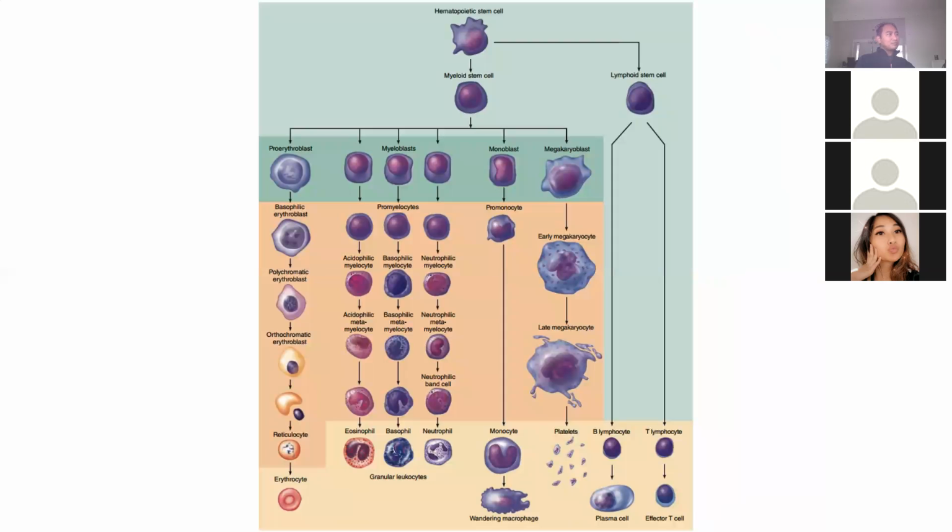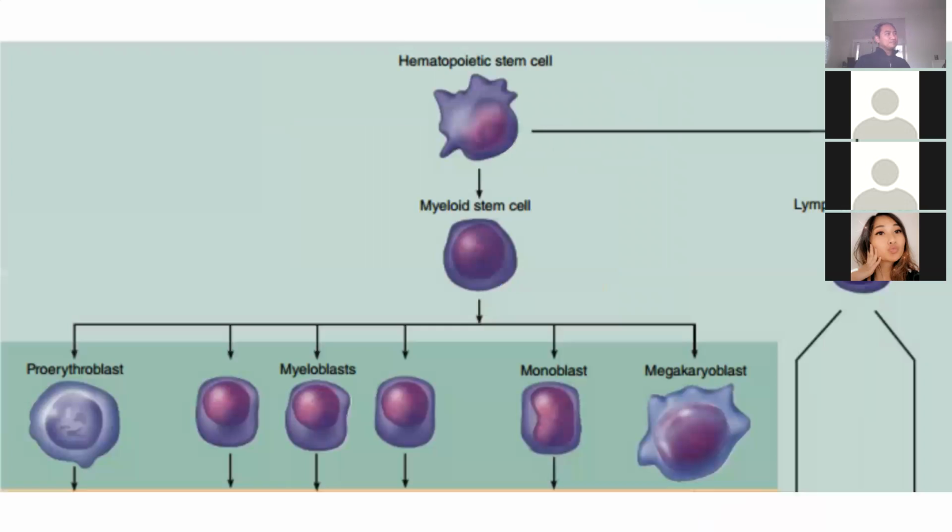This is the summary of what we have talked about: red blood cells and white blood cells. From the hematopoietic stem cell, we will have the lymphoid stem cell and the myeloid stem cell.